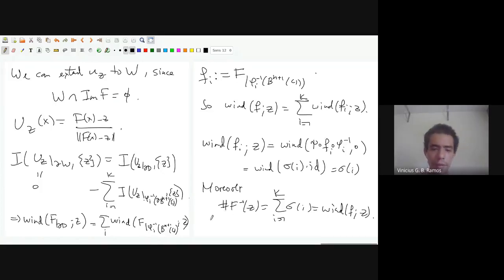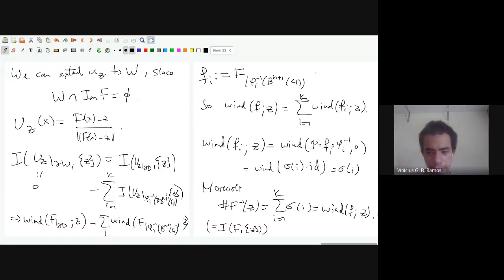To make the notation simpler you could write this as the intersection number of f with z, but we haven't quite defined the intersection number when the manifold has boundary, because the invariance is a little tricky. But anyway, this is what it would be.